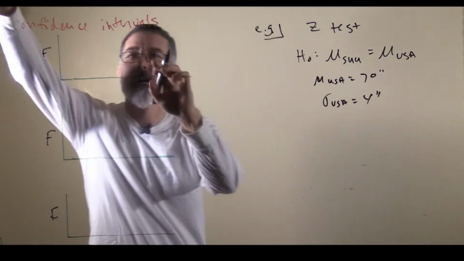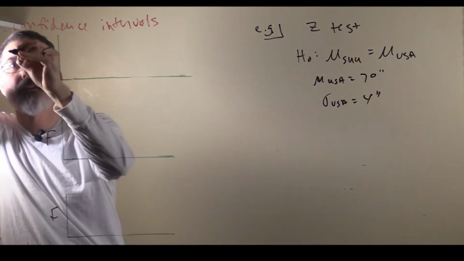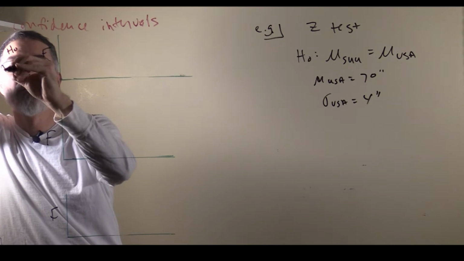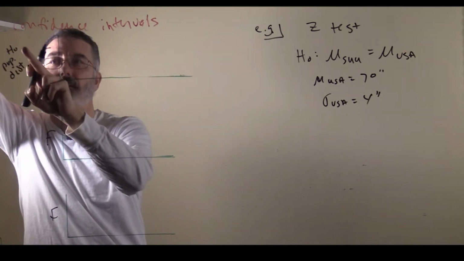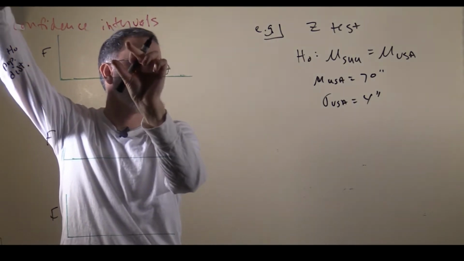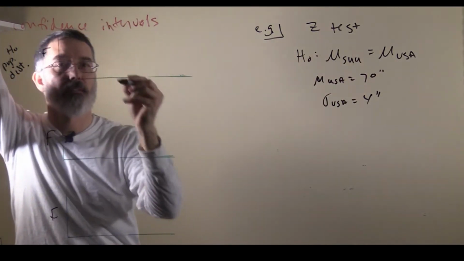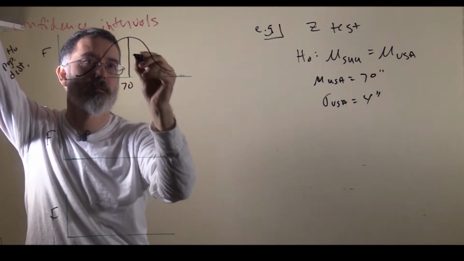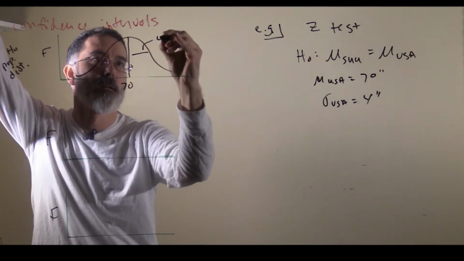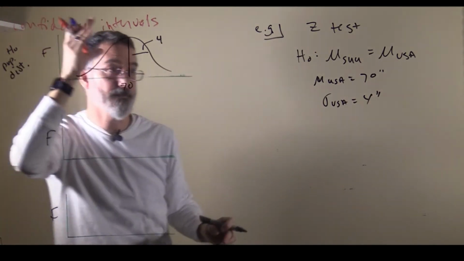And so now we can draw the population distribution up here. So this is the population distribution if the null hypothesis is true. That is, this is the population where we're going to get our sample from if the null hypothesis is true. So it's going to look something like this. All right, so 70 inches and 4 inches.